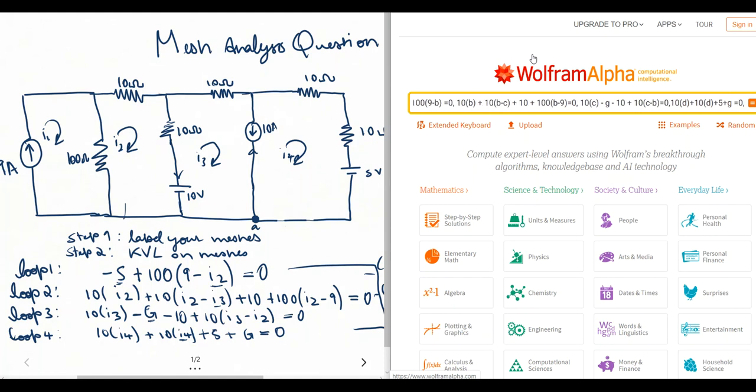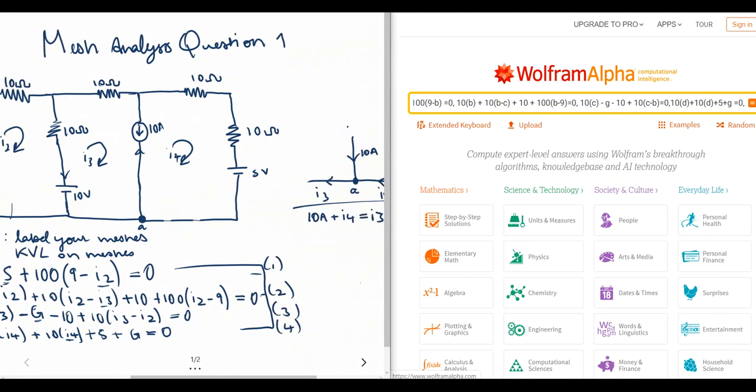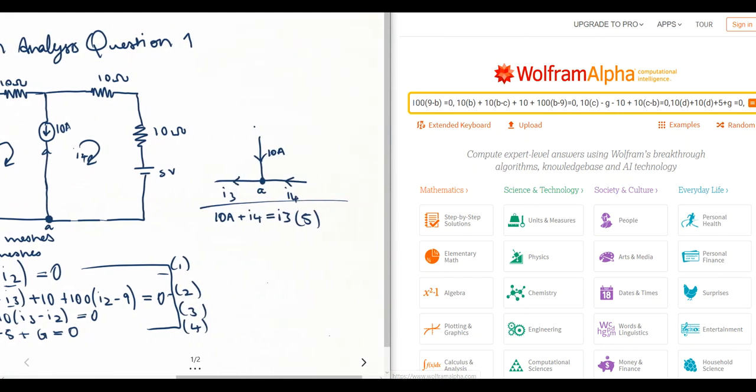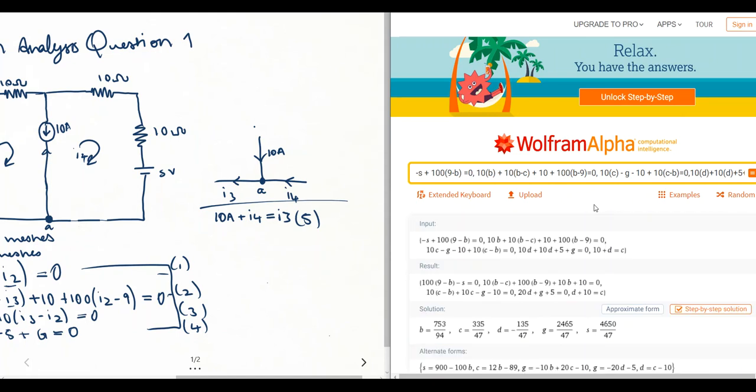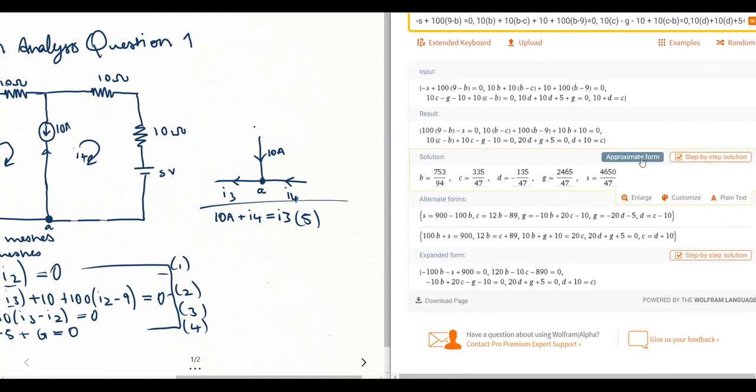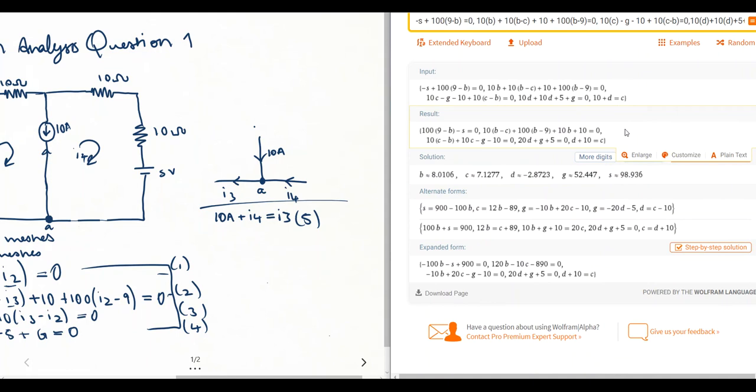And let's not forget our last equation, which is a Kirchhoff current law, is 10 plus D is equal to C. Let's calculate that. Yeah, we'll just click the approximate form button, and here are our answers. So B, C, D, G, and S.